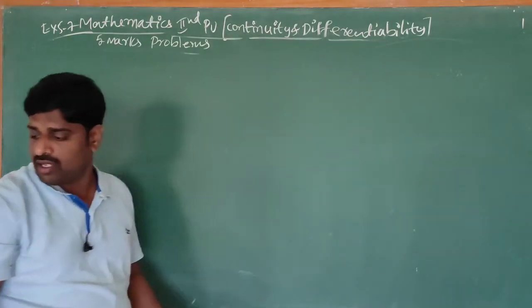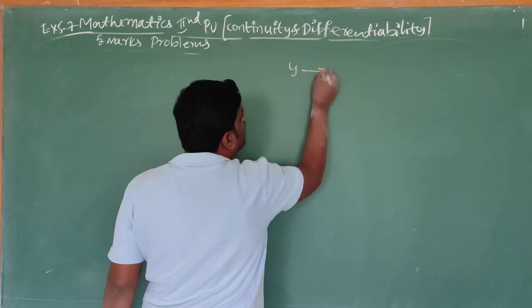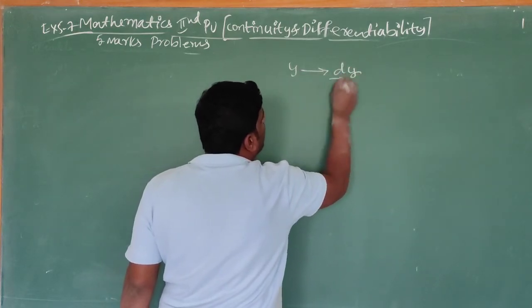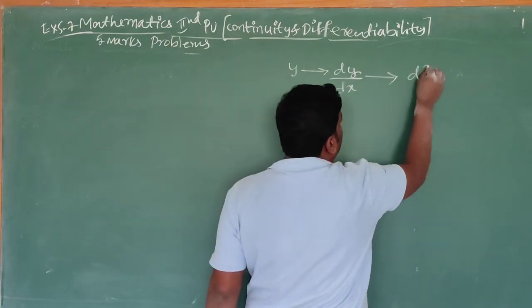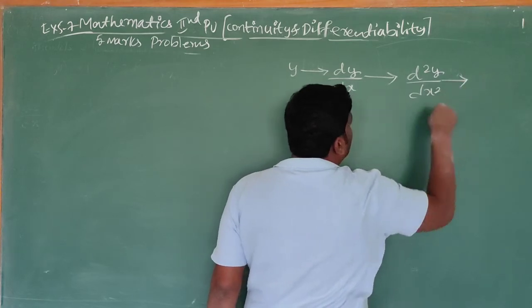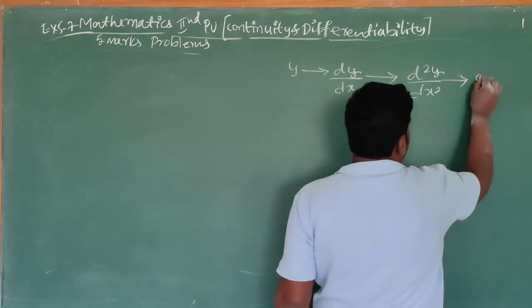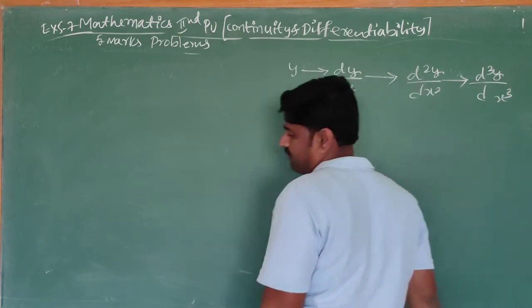Dear children, here y differentiation is dy by dx. dy by dx differentiation is d square y by dx square. d square y by dx square differentiation is d cube y by dx cube.